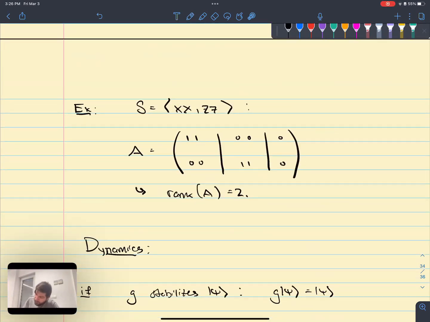So if I act some Hadamard on my operators, and say it's only acting on the first qubit, then all I have to do is modify the kth position, or in this case, the first position, and maybe a sign flip.